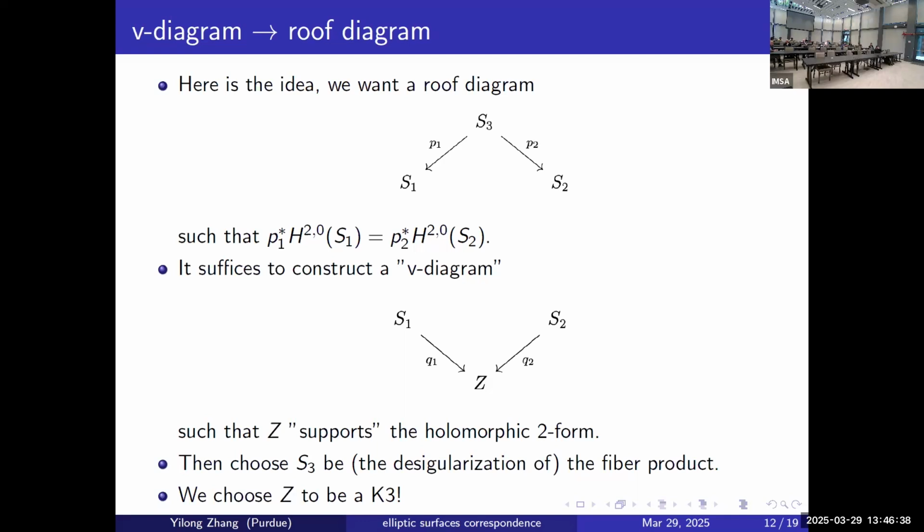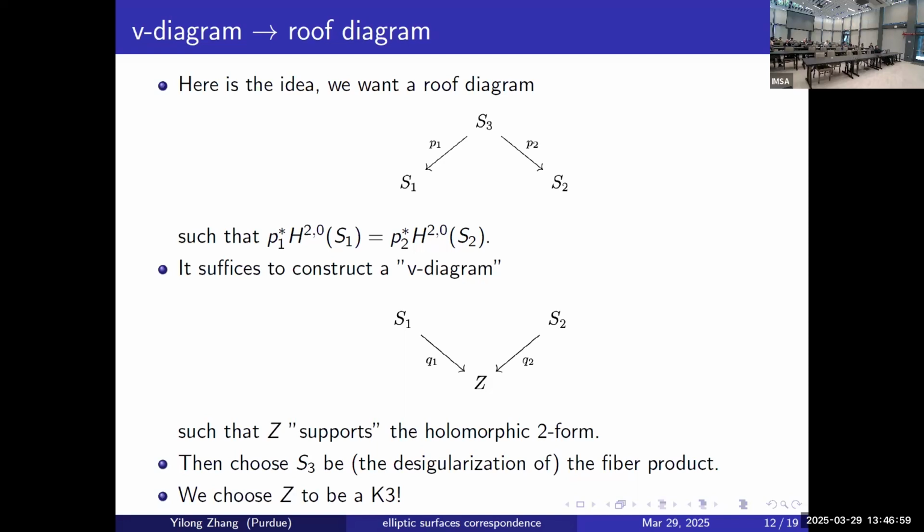And in general, let's say this S3, suppose it only has one holomorphic 2-form, and then this condition is fine, but in general, this is not true. So whatever surface you can write down for this comparison, I guarantee that you actually have a very large Hodge number.